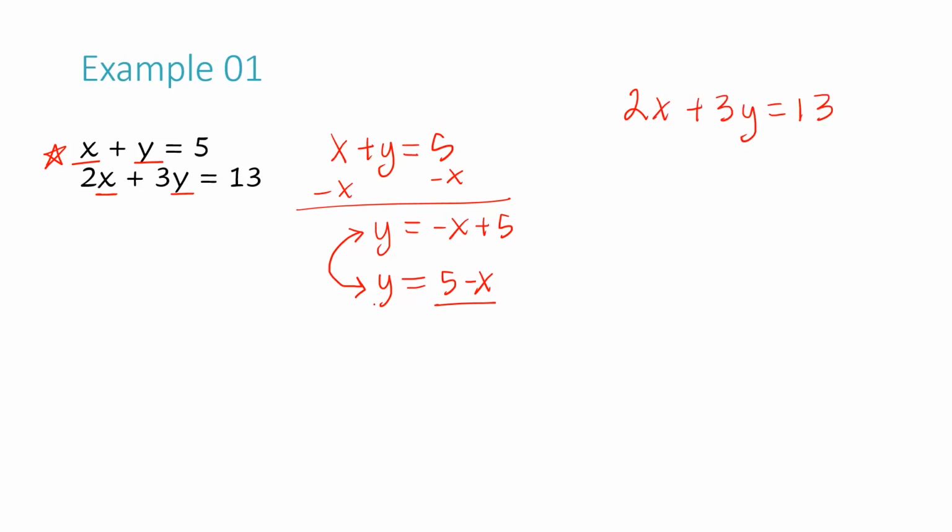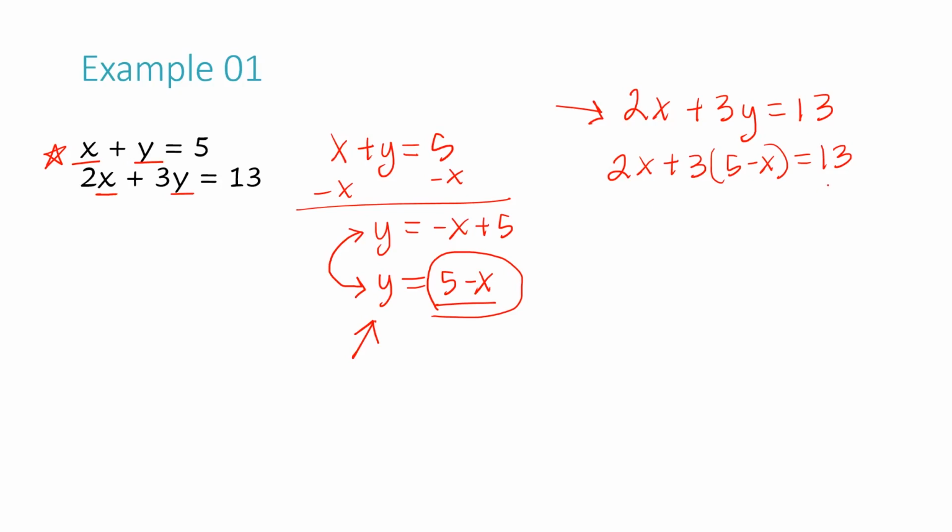Now I'm going to plug in the value that I just got for y into this equation, the second one. I'm going to write the equation again, but when I get to the letter y, I'm not going to write a y in. I'm going to write what I calculated y to equal. So it's going to look like this: 2x plus 3, and instead of y, I'm going to write 5 minus x equals 13, okay?